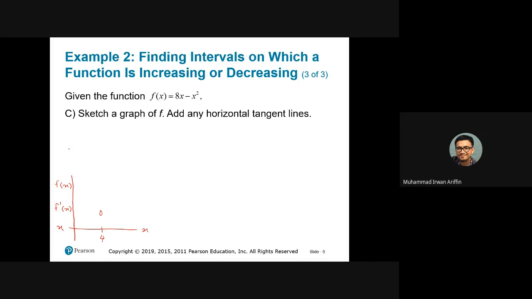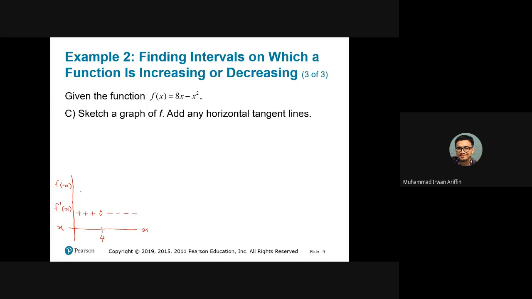From the previous slide, what happens when x is less than 4? Our f prime of x, the slope, would be positive, isn't it?